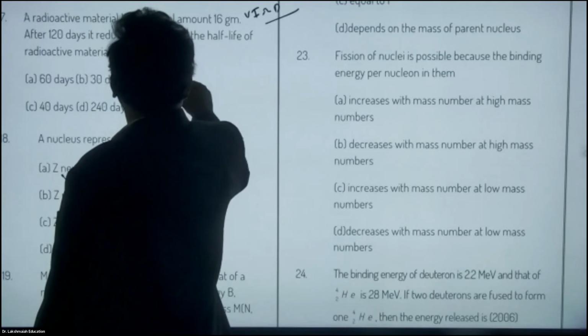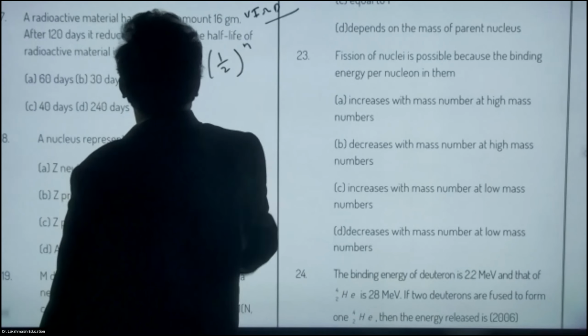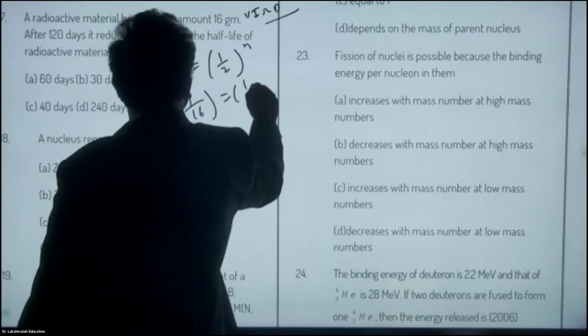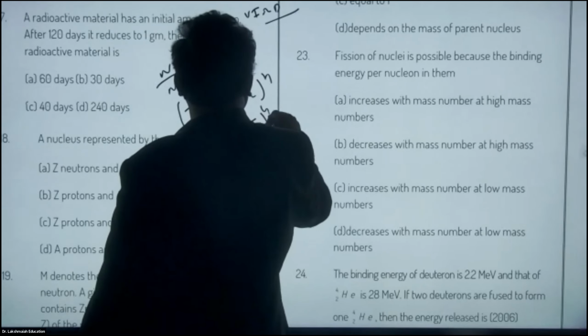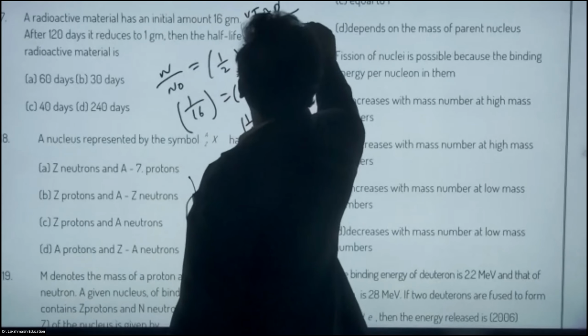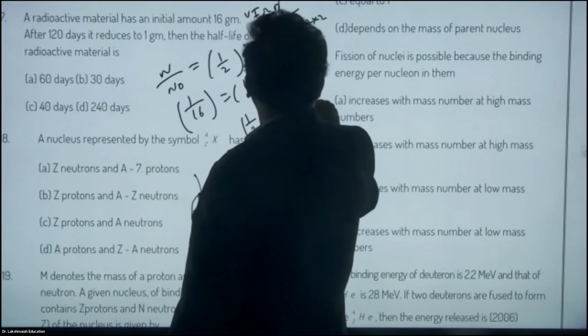N by N naught is equal to 1 by 2 whole power n. 1 by 16 is equal to 1 by 2 whole power n. 2 into 2 into 2 into 2, 4, 8, 16, so that is 1 by 2 whole power 4. Therefore, n is equal to 4.